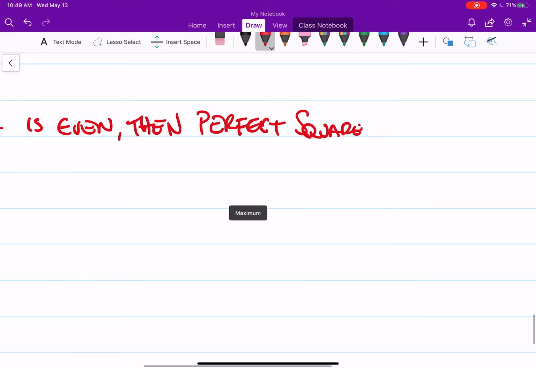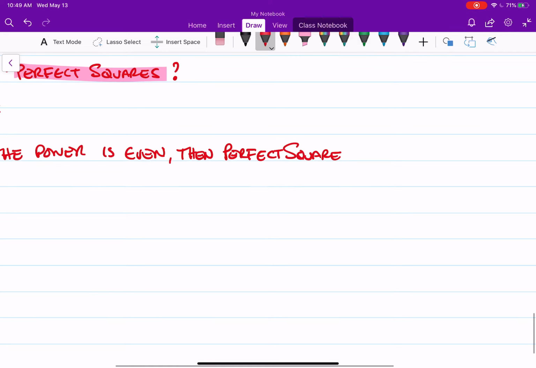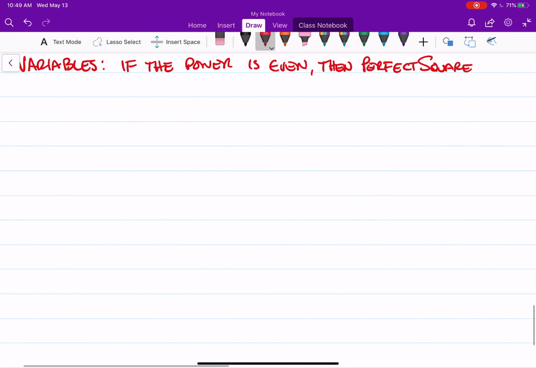Wow, that looks awful. Okay? All right. So if you look at it, x squared is a perfect square. Why? Because x times x equals x squared. And another reason is that the square root of x squared is equal to x. Okay? So if you look at this statement, there's actually a couple of lessons right in there.